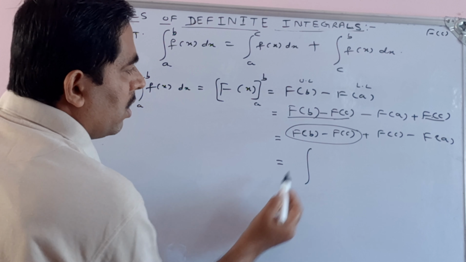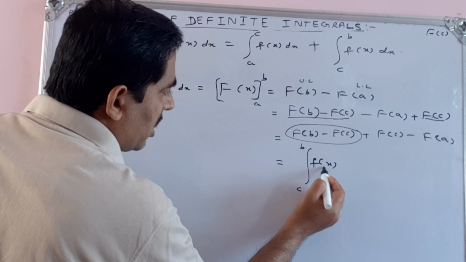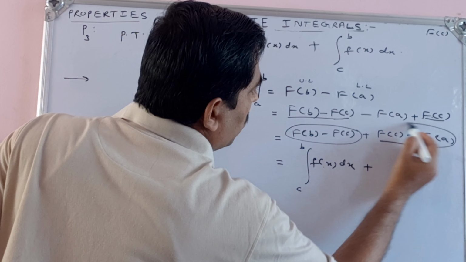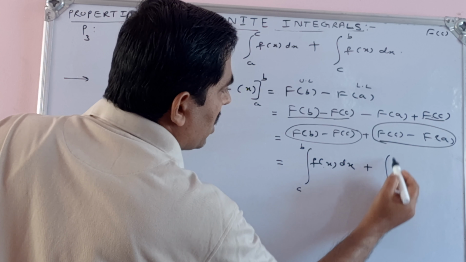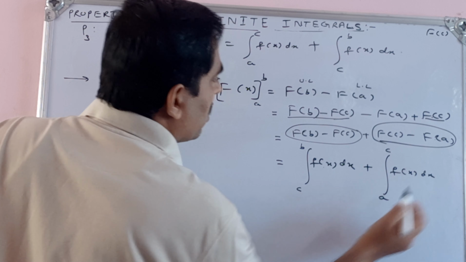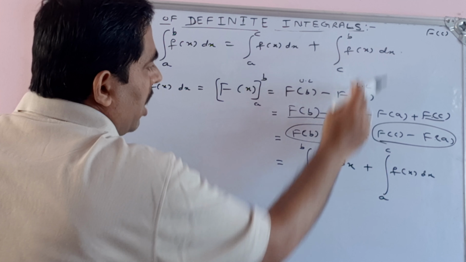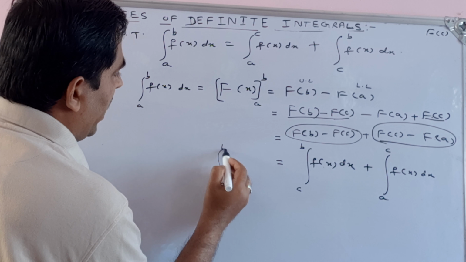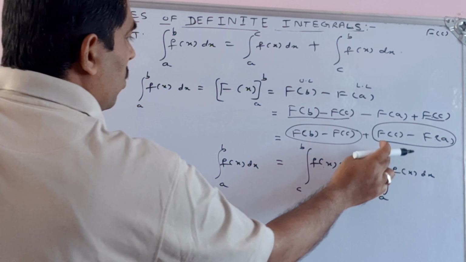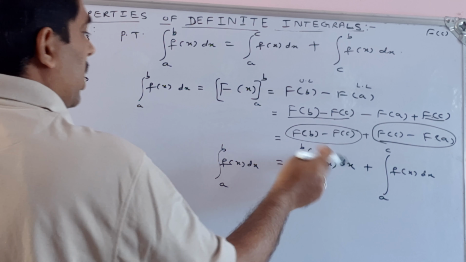For the first, the upper limit is b and the lower limit is c, so this can be written as the integral from c to b of f(x) dx, plus, for these two, the upper limit is c and the lower limit is a, the integral of f(x) dx. So the given integral, a to b f(x) dx, can be written as a to c f(x) dx plus c to b f(x) dx.